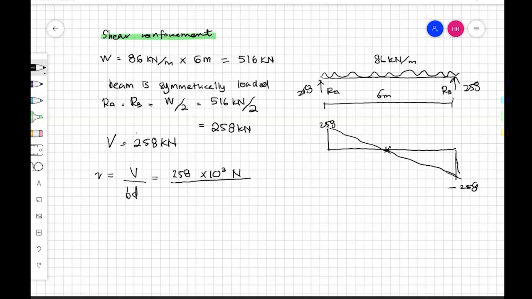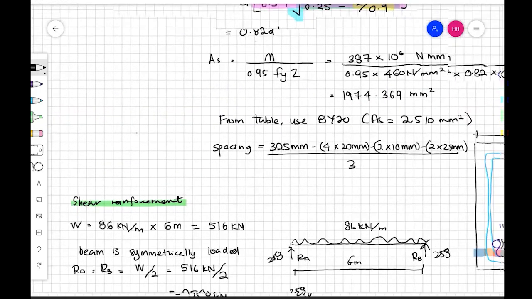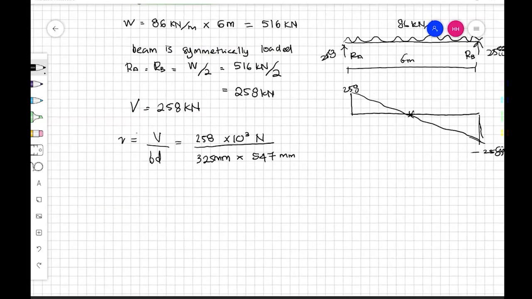B here we know is 325 mm and D is 547 mm. The value is 1.451 Newton over mm square. So this is the value of shear stress at the cross section.